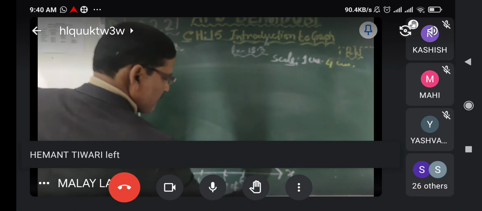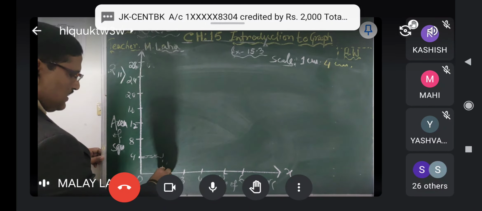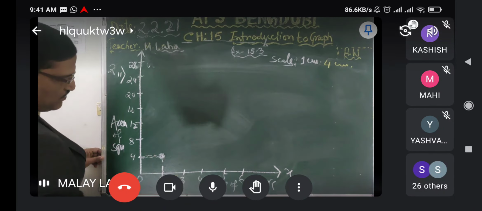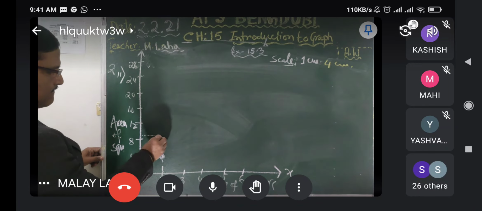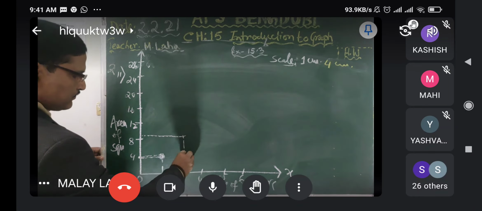So 2 centimeter and 4 centimeter. So they are meeting here. This is the point of 2 and 4. Now 3, 9. What is 9? Cross 4 and 8. Then 12 and 16. 4 centimeter and 16.